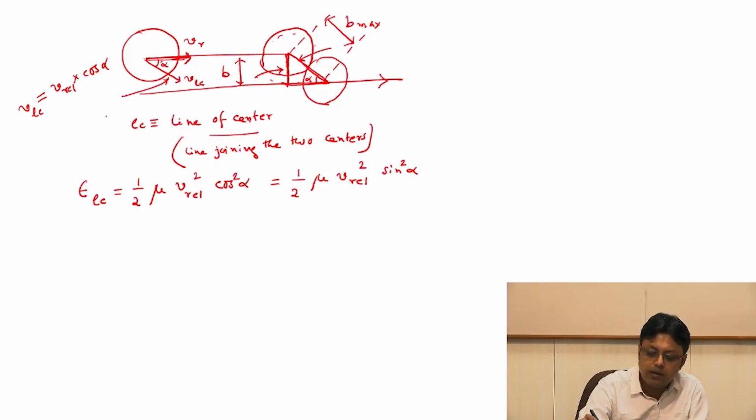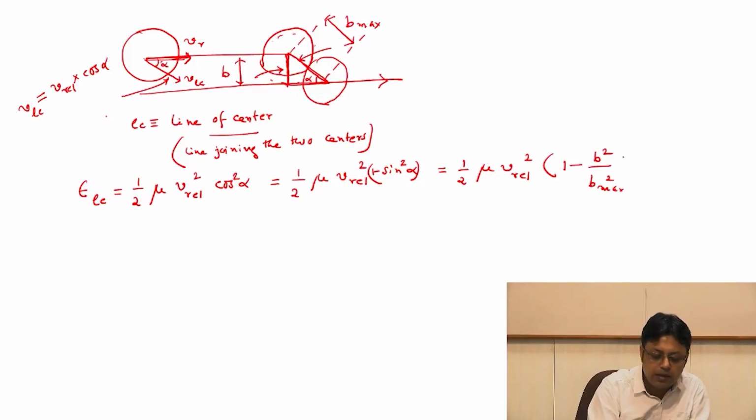So instead of sine square alpha, I'm writing V relative square into, sorry, 1 minus sine square alpha, which is 1 minus B square by B max squared.